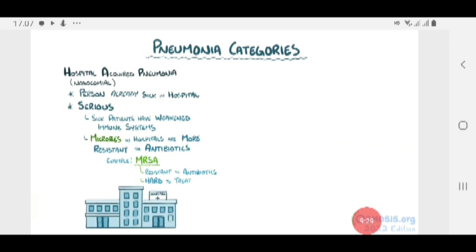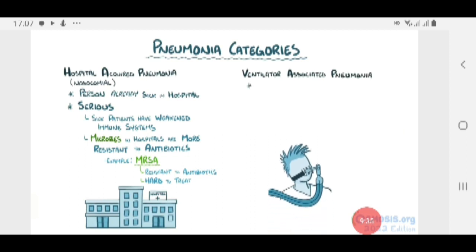Another category of pneumonia is ventilator-associated pneumonia, which is a subset of hospital-acquired pneumonia, but it specifically develops when ill individuals are connected to a ventilator.